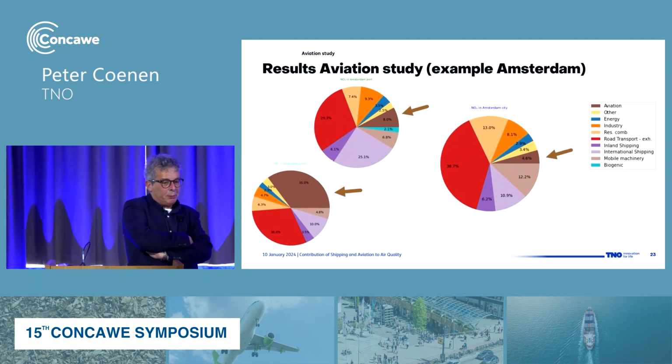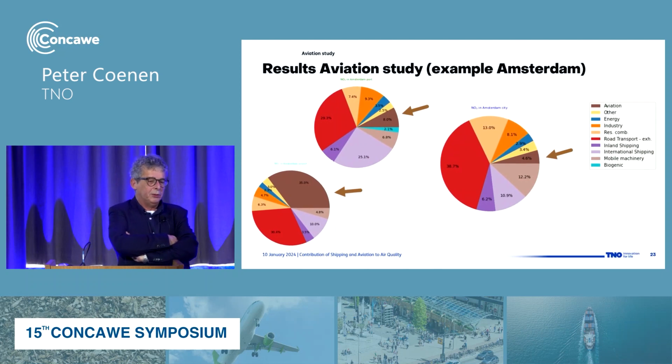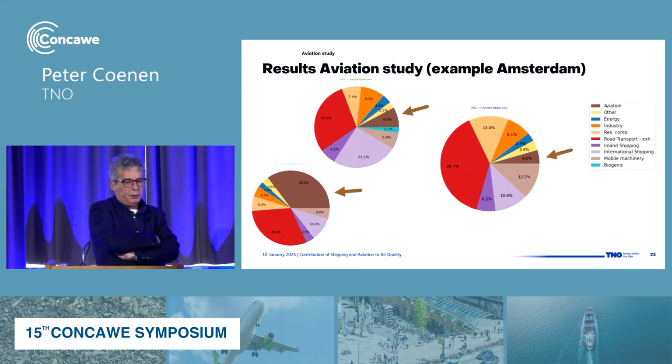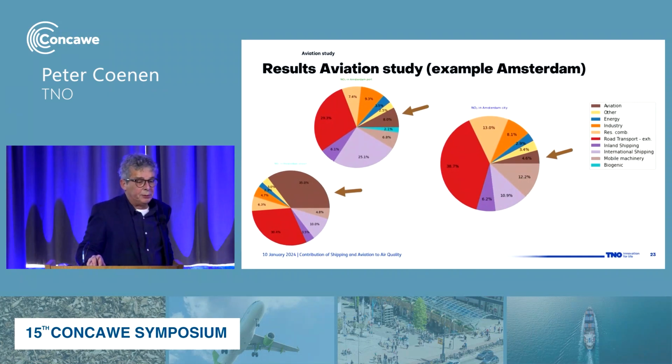In the Amsterdam port itself, it's about 20 kilometers to the north. It's gone down to 8%, and in the city center, 4.5% of the NO2 concentration can be attributed to aviation emissions. So the distance is very important.